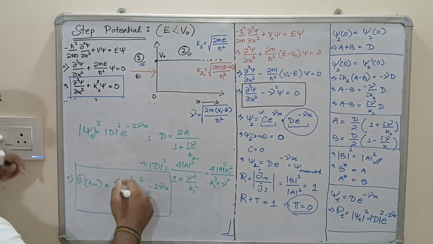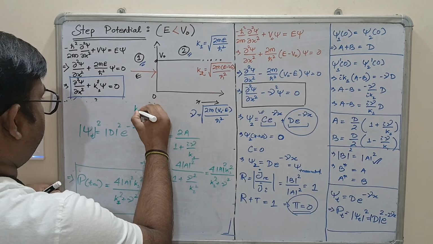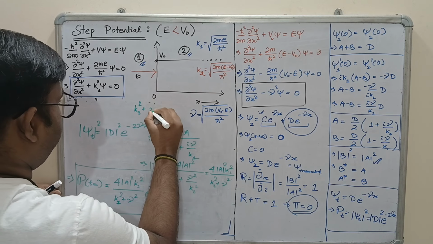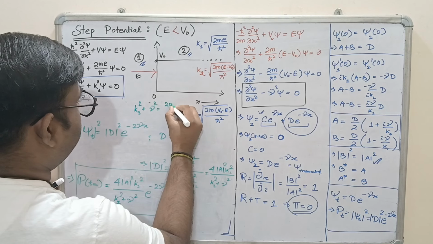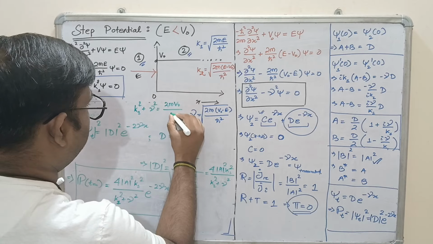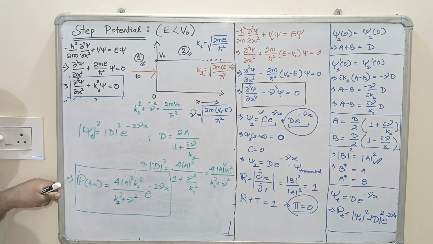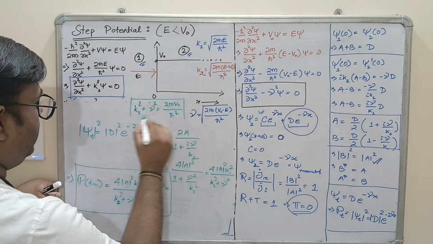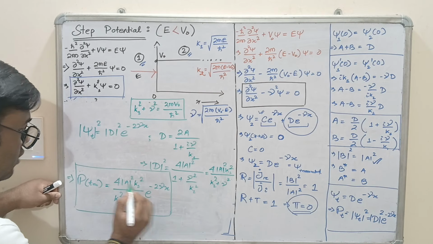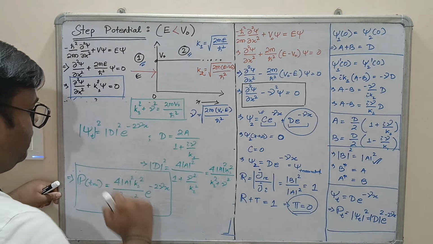Now look, if you take k1 square, then you took mu square, what will come out to be? It will come out to be 2m V naught by h bar square. Yes or no? Now what is k1 giving? 2m E by h bar square.